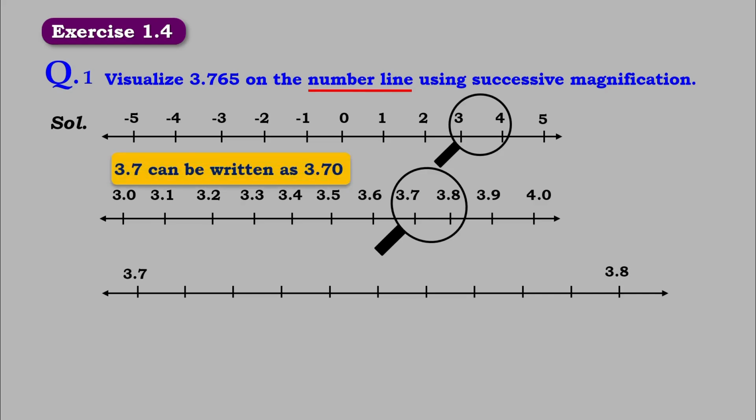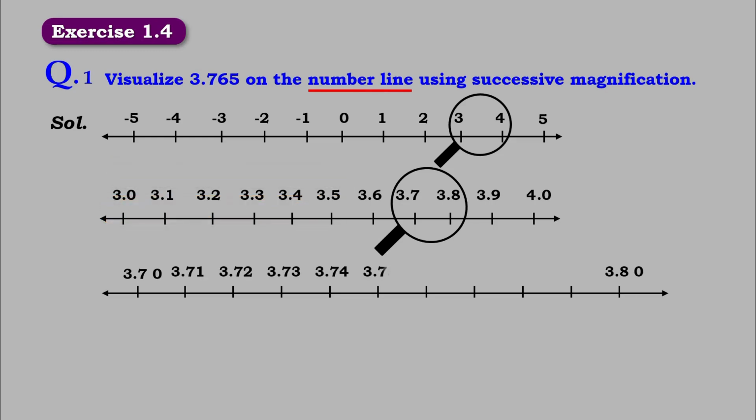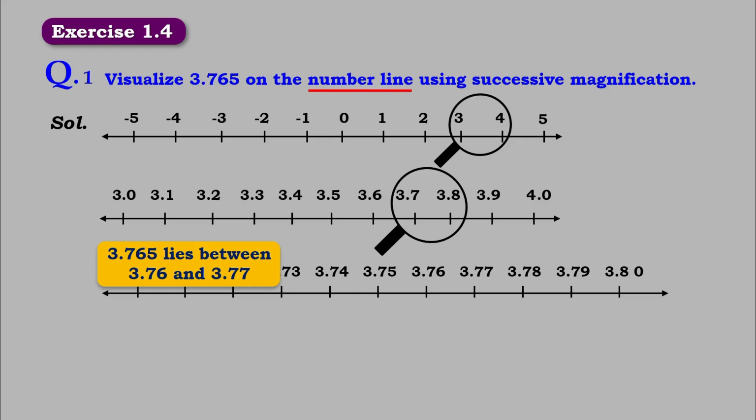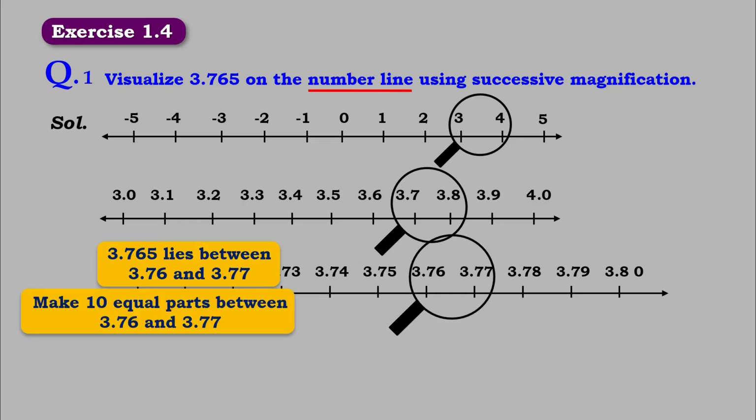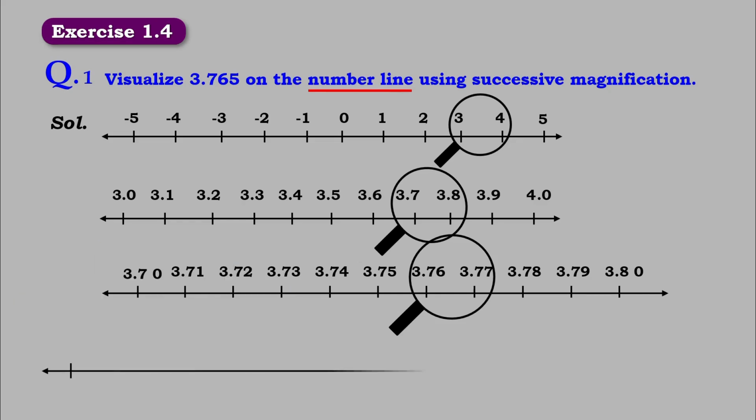Now we are going to write 3.7 as 3.70 and 3.8 as 3.80, and we will write the decimal numbers in between. Now again we know that 3.765 lies between 3.76 and 3.77. So we will again magnify that part and make 10 equal divisions.